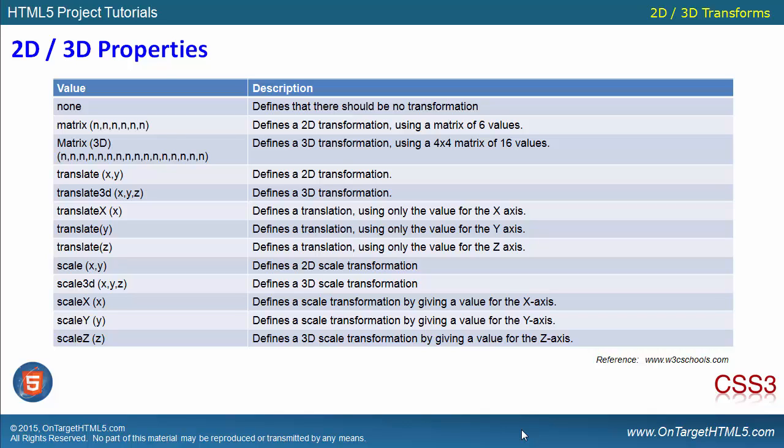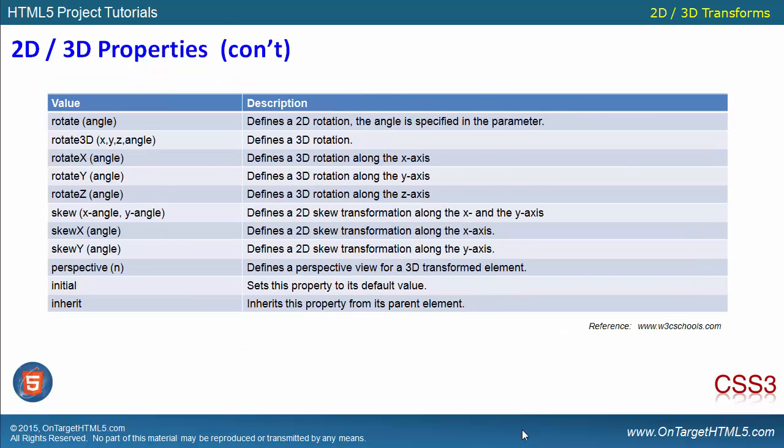So you see we've got none, matrix, matrix3d, translate, translate3d, translateX, translateY, translateZ, scale with X and Y, scale3d, which is X, Y, and Z, then scaleX, scaleY, scaleZ. Then we have rotate, rotate3d, rotateX, rotateY, rotateZ.